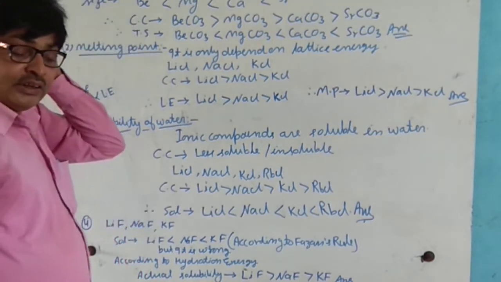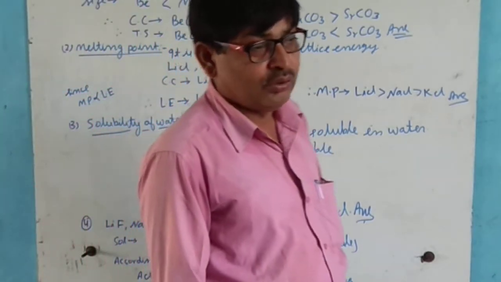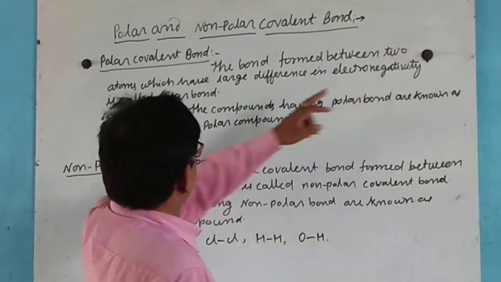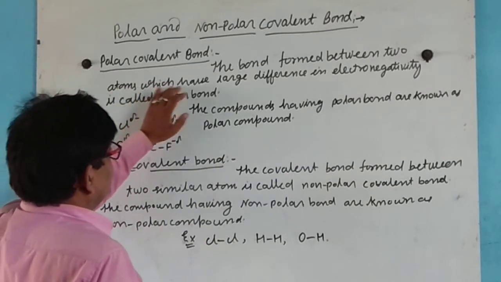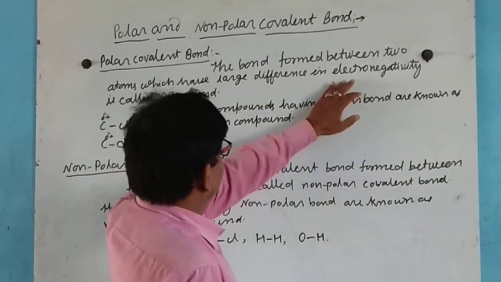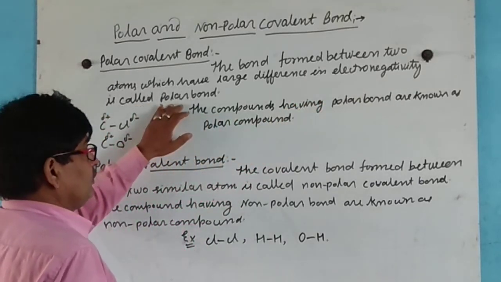Now we study the polar and non-polar covalent bond. Polar covalent bond: the bond formed between two atoms which have a large difference in electronegativity is called a polar bond.